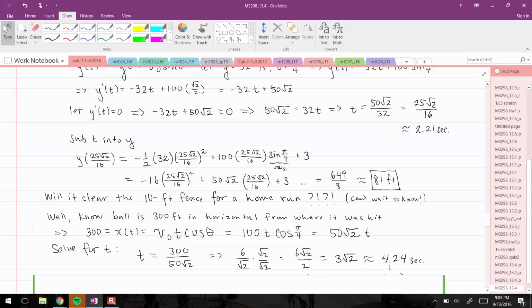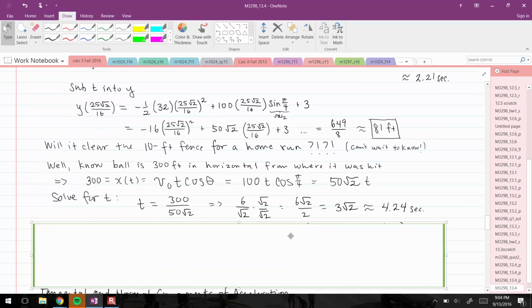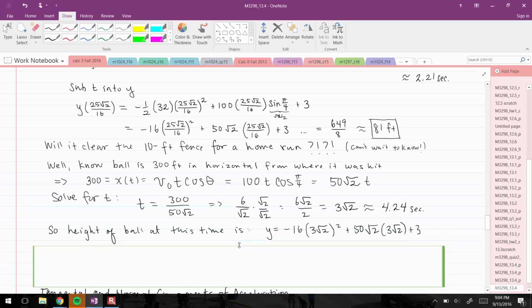So now we know the time at which the ball would be 300 feet from home base, and that's where the fence is. Plugging that time into the y component now will tell us the height at that time.